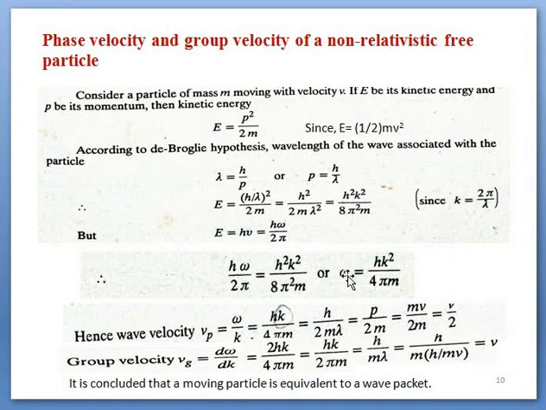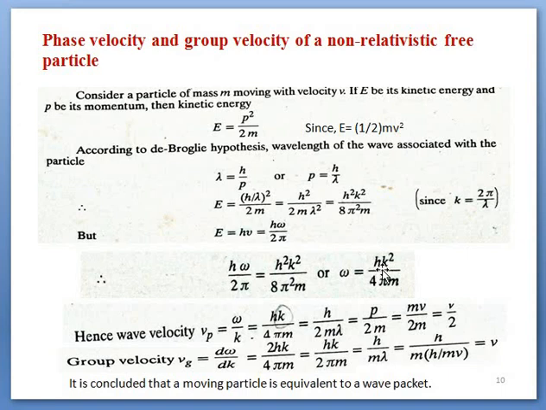Omega equals h k square upon 4 pi m: h square cancels with h, pi cancels with the square, and 2 cancels with 8 to give 4. So by considering the duality nature, we obtain the angular frequency in terms of propagation.